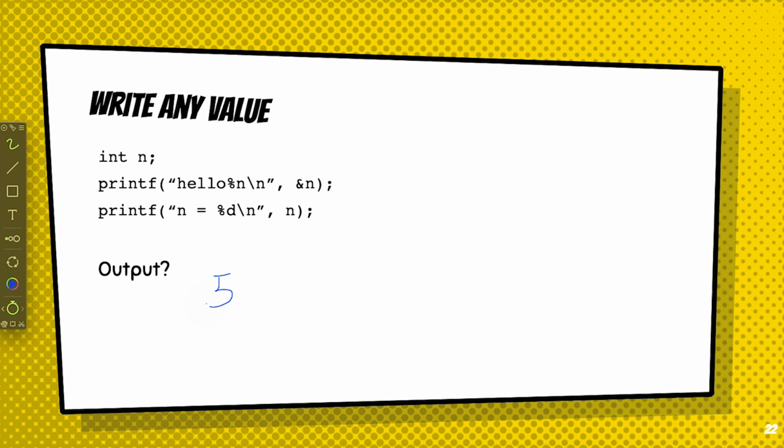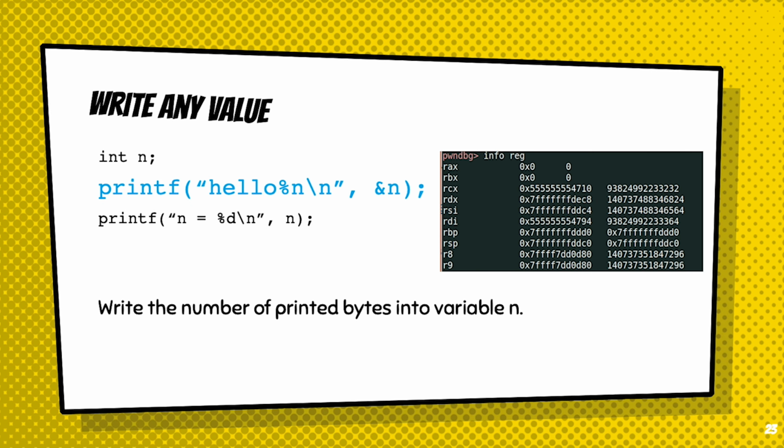And why is that? This is because when we do printf hello followed by %n, %n will write the number of printed bytes into variable n.